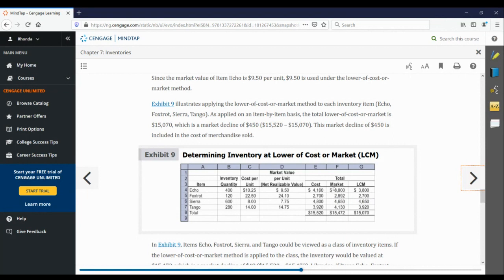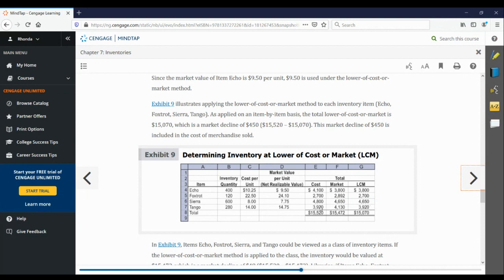So really, you're just comparing the cost to the market and choosing the lower of each one of these. With Sierra, the cost was $4,800 and the market was $4,650. The lower would be the market, so we would choose the market amount to go in the lower of cost or market column.